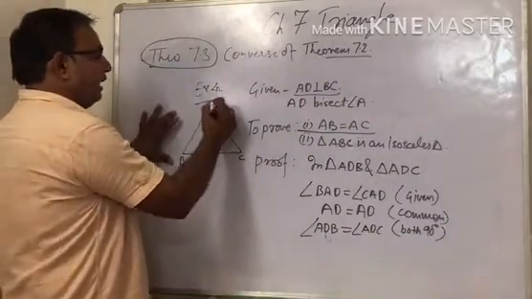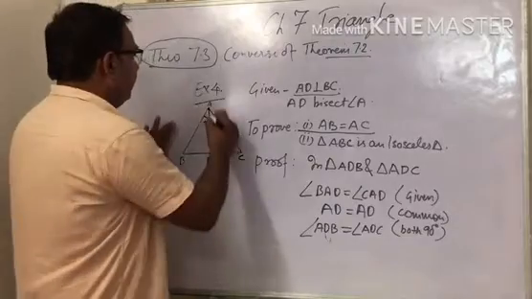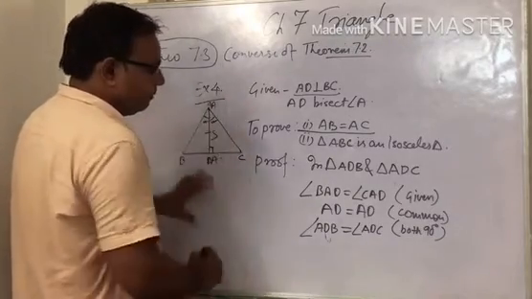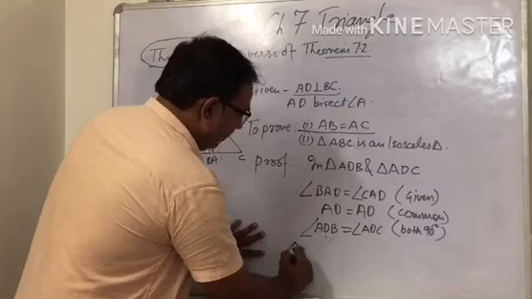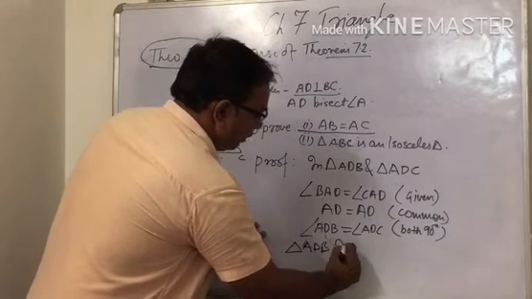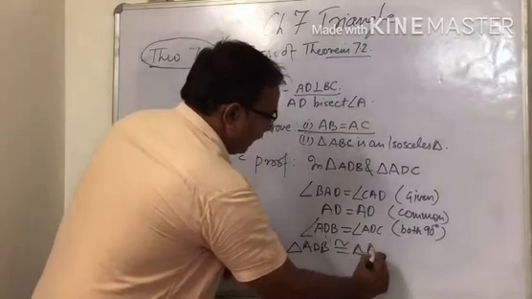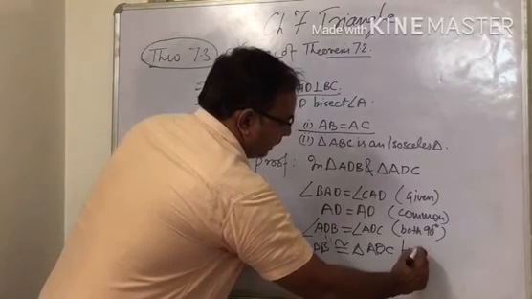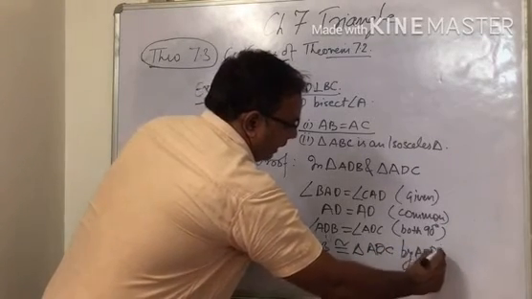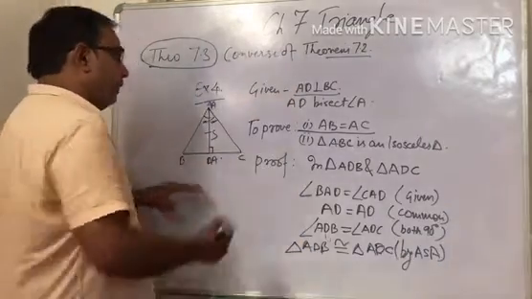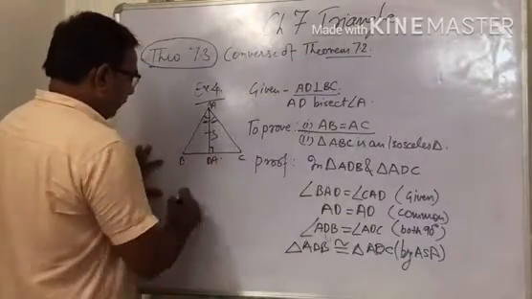So now we check which congruency we use in this: angle, side and angle. So triangle ADB is congruent to triangle ADC by ASA congruence condition. Now come to the proof. First, AB is equal to AC.